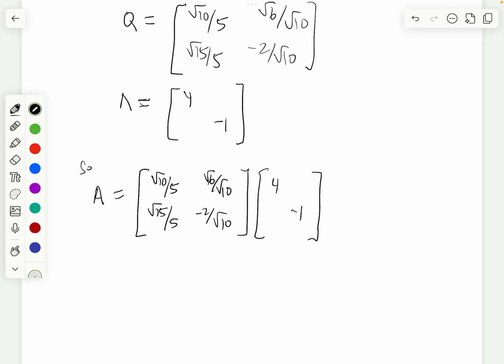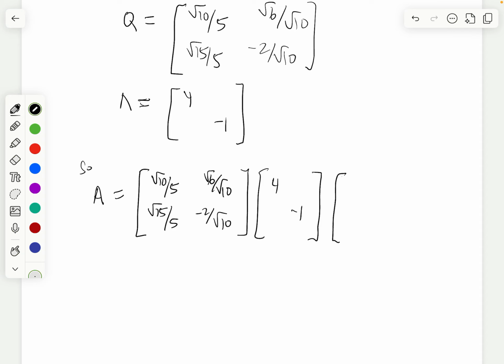Well, remember, for a 2x2 matrix there's a formula for the inverse, but for an orthogonal matrix, it's even easier, right? What's the fast way to find the inverse of an orthogonal matrix? You just write the transpose, because for an orthogonal matrix, the inverse is the same as the transpose.